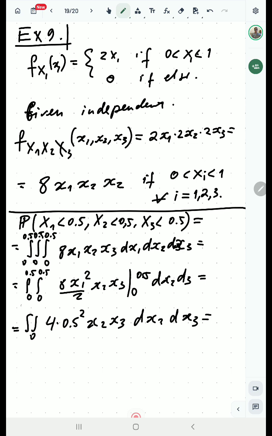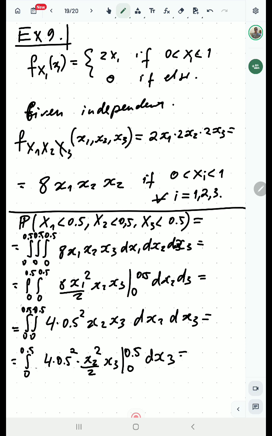Then if I go further, let me delete this part. It's going to be 4 times 0.5 squared times x2 squared over 2, times x3, evaluated within this interval, then integrate with respect to x3.